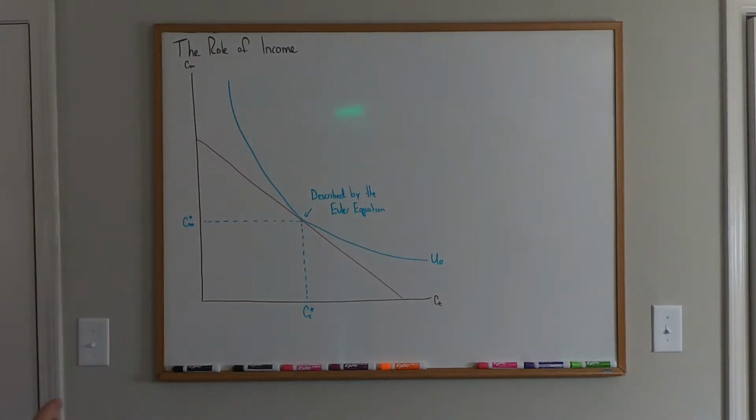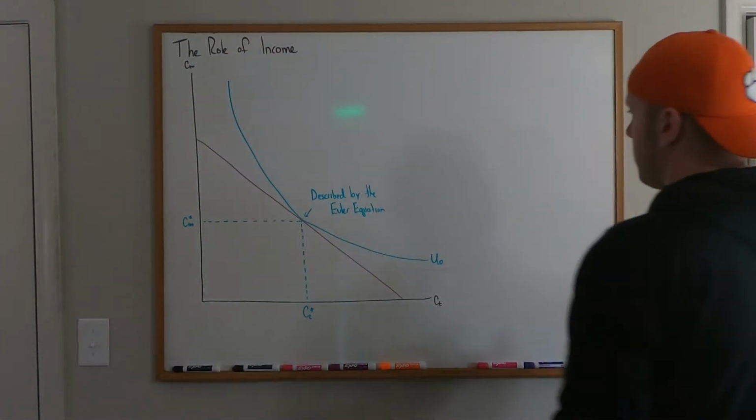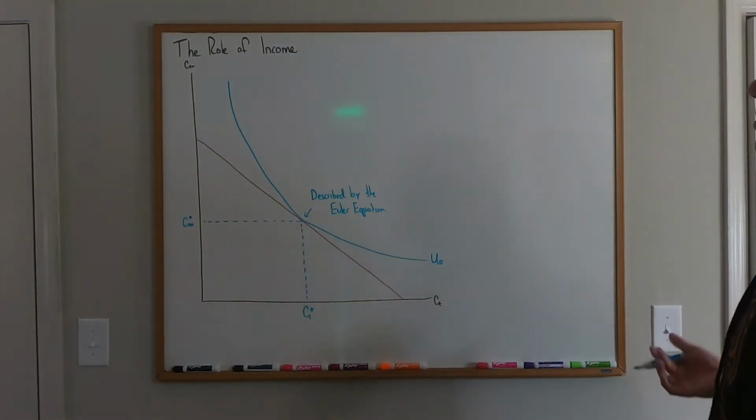All right, so at this point, this is the optimal set of points of consumption, right? This is an optimal sequence of consumption over time.